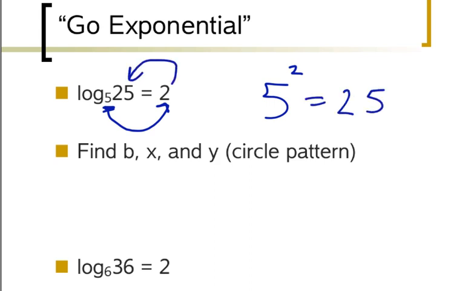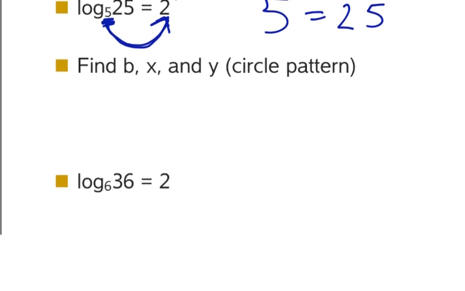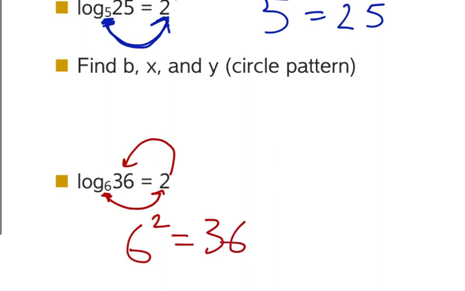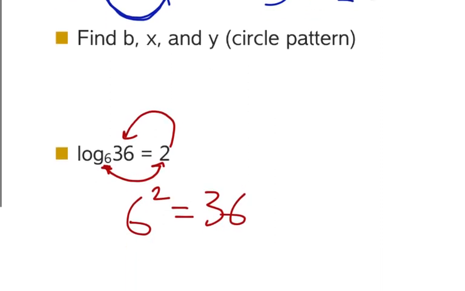Okay, so it's always starting at the base, going to the other side of the equal sign, and finishing with the last number that's available. So let's try it down here with the 36. We've got 36, base 6. So base 6 to the second power equals 36. And you can check them again. 5 squared is 25, and 6 squared is 36.